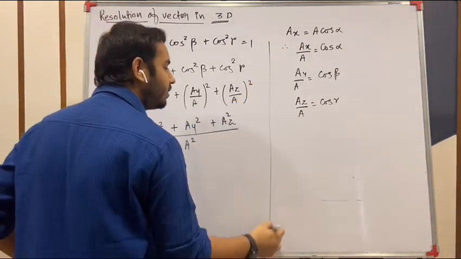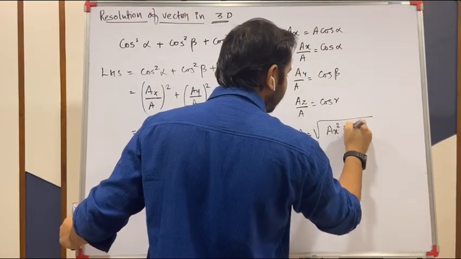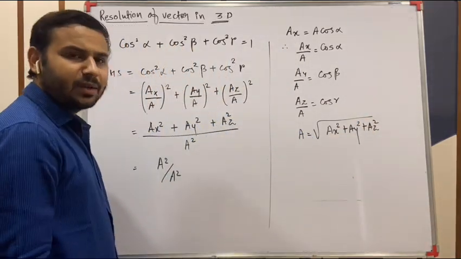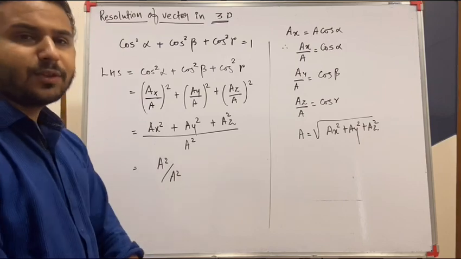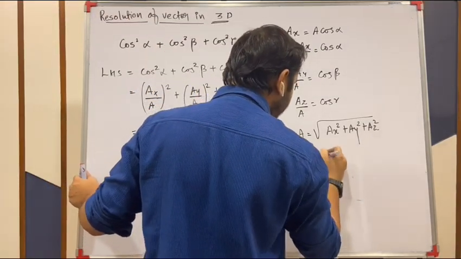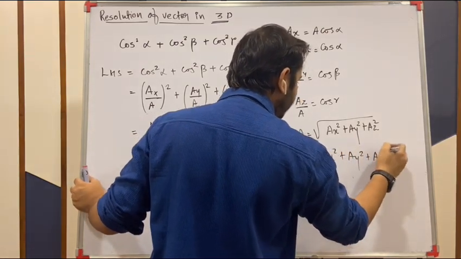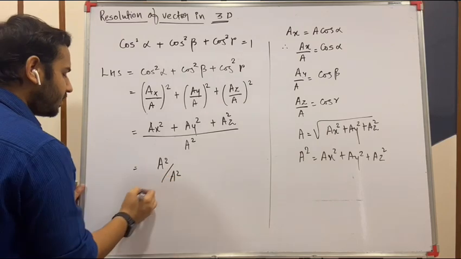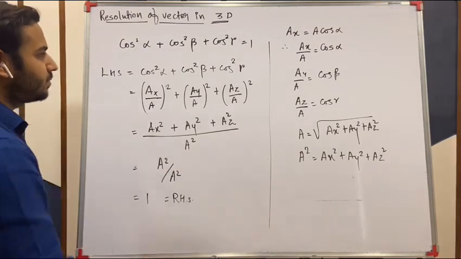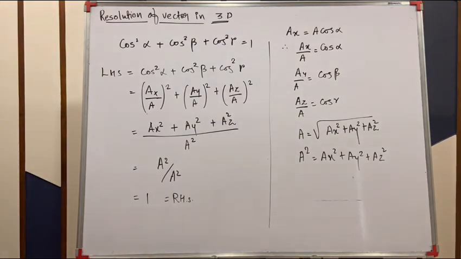Why so? I have written a is equals to under root ax square plus ay square plus az square. Okay, I have explained you this few minutes before. So, squaring both sides, ax square plus ay square plus az square. So, a square upon a square is 1, which is RHS. Proved? Okay, fine. Write down this.